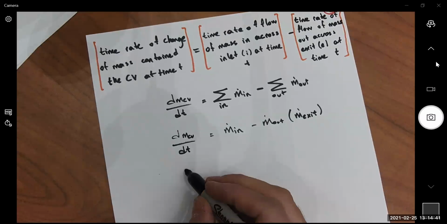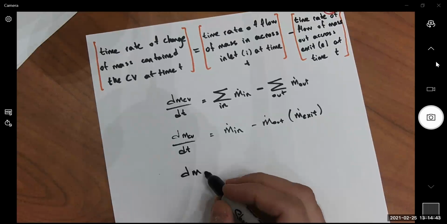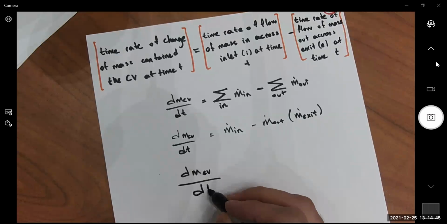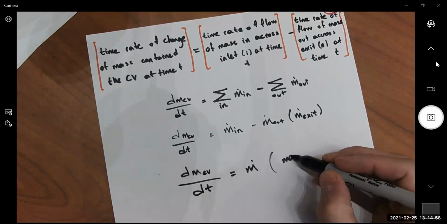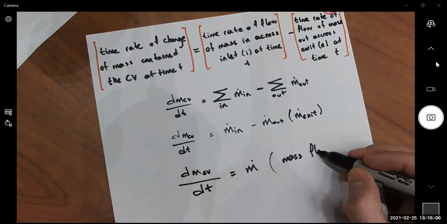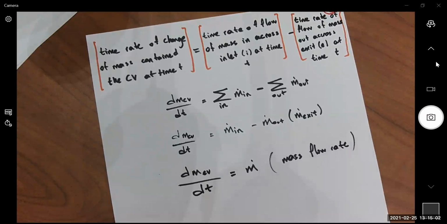So dm control volume over dt, and that means mass flow rate.